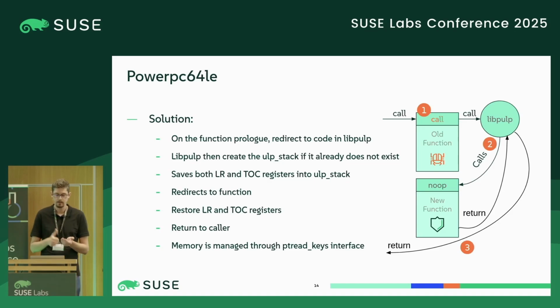It will allocate the ULP stack, save the LR and TOC registers, then redirect the function, restore those registers, and return to the caller. So the program continues. And of course, we managed to free resources whenever the thread is destroyed. We use the pthread keys interface for that. And it doesn't leak memory, which is excellent. But of course, it has a huge overhead, which we will see ahead.